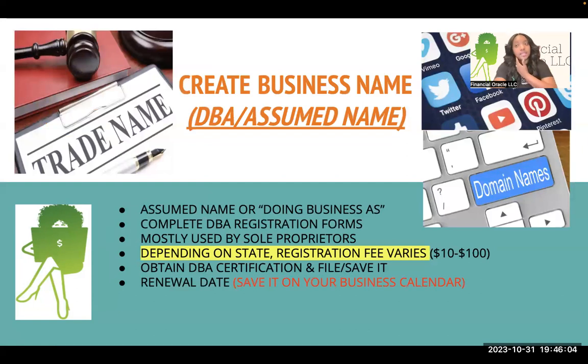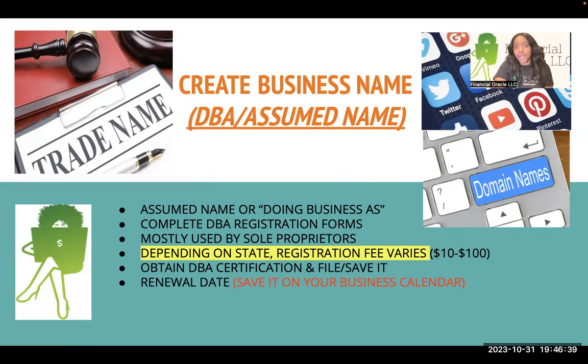All right. The third step into creating a business under $500 is that, of course, now that you have a unique name, you have the vision, you have the idea, you have this business name after you check to make sure there's no existing ones out there, you want to register your DBA, which is also known as doing business as, or an assumed name.